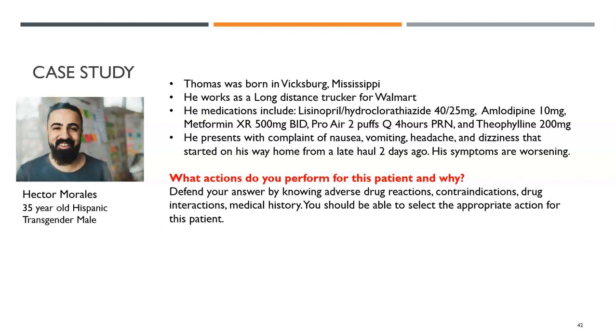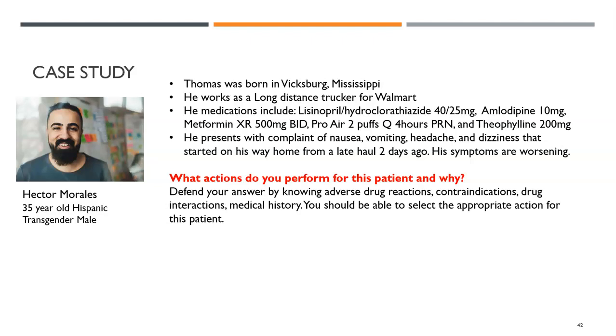And finally, we have Mr. Hector Morales. He's 35 years old. He's a Hispanic transgender male. He was born in Vicksburg, Mississippi. He works as a long-distance trucker for Walmart. He's on lisinopril hydrochlorothiazide at 40-25. He's on amlodipine 10. He's on metformin extended release 500 milligrams twice a day. He's got ProAir 2 puffs every 4 hours as needed, and Theophylline 200 milligrams.